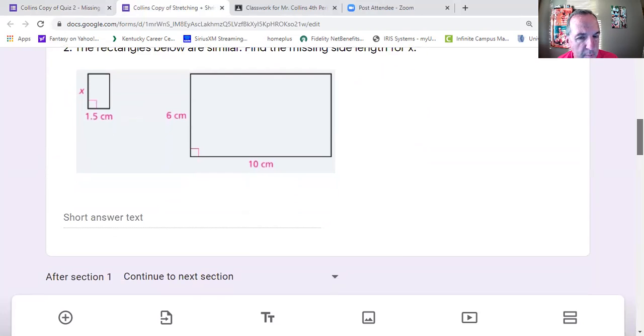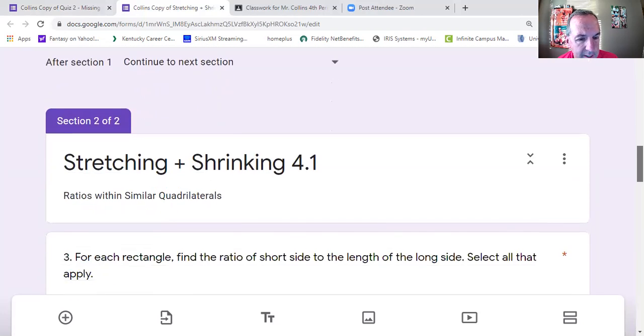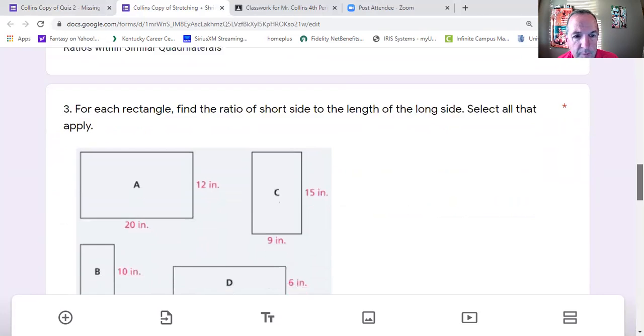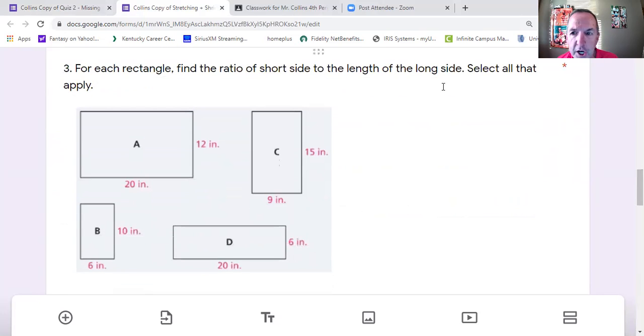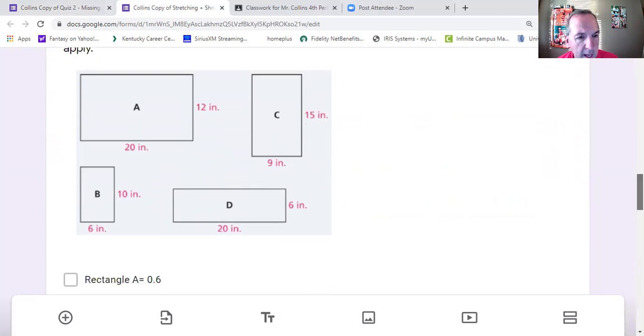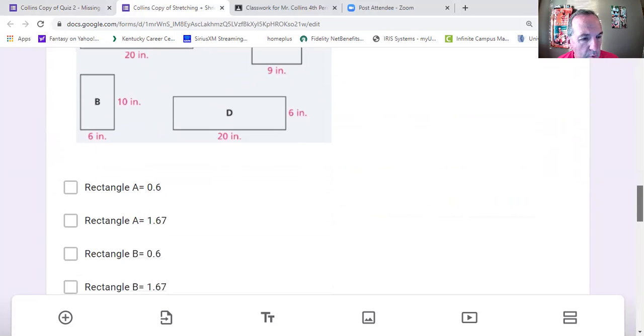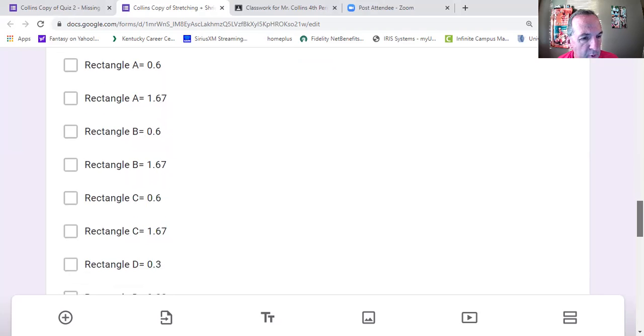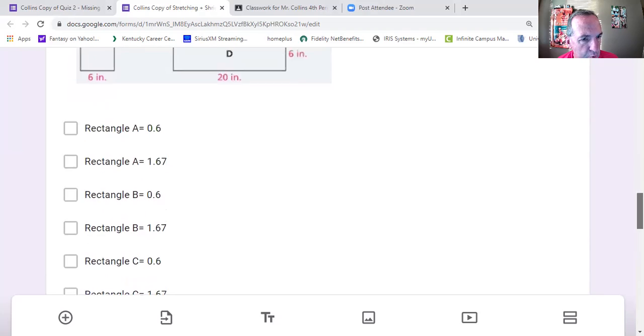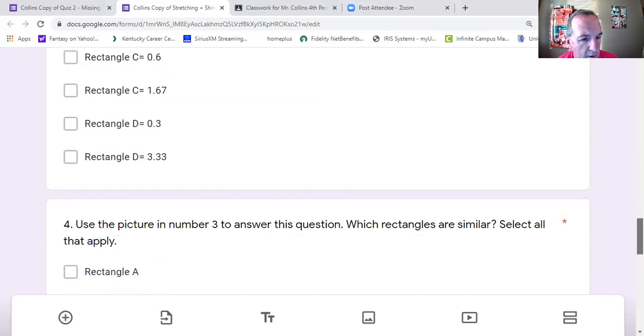You'll have to determine which sides correspond to each other. Here you're finding ratios, and you're just saying the short side to the long side. And for instance, on this first one, it would be 12, that's the short side, divided by the long side of 20. And then go down here and check multiple boxes that are true. Okay. Calculate all of those.